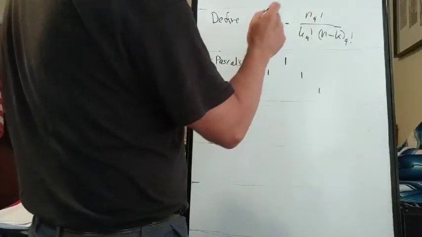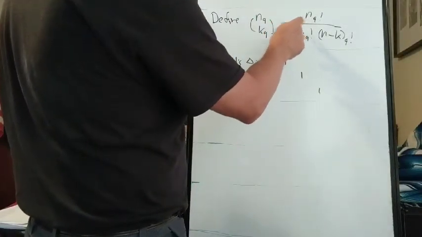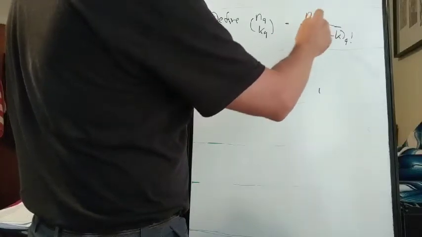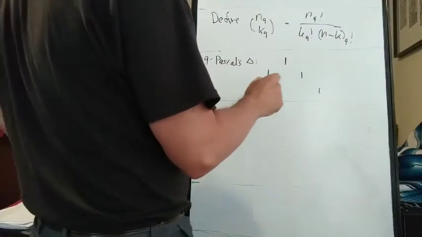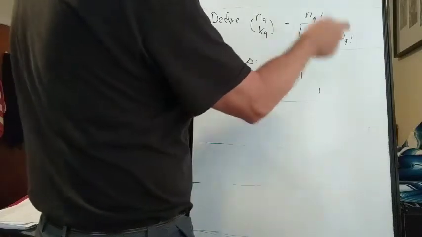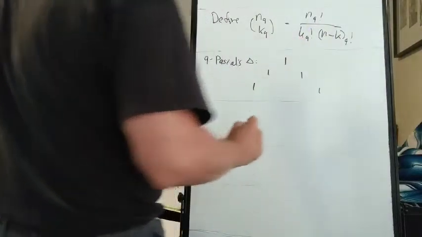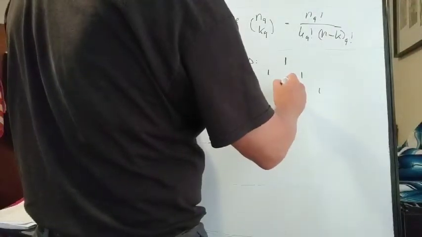Now if k is 0, quantum 0 factorial is 1. So we've just got quantum n factorial over quantum n factorial, so that's going to be 1. And then if k is n, same thing happens.